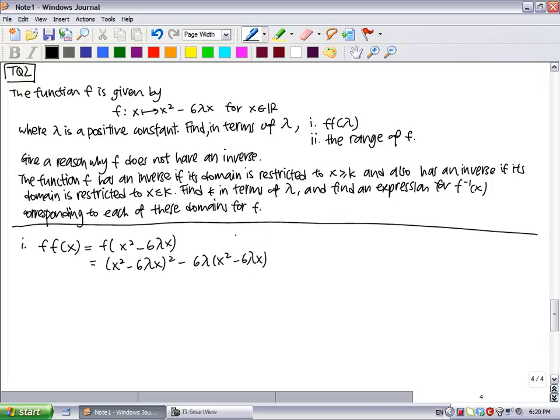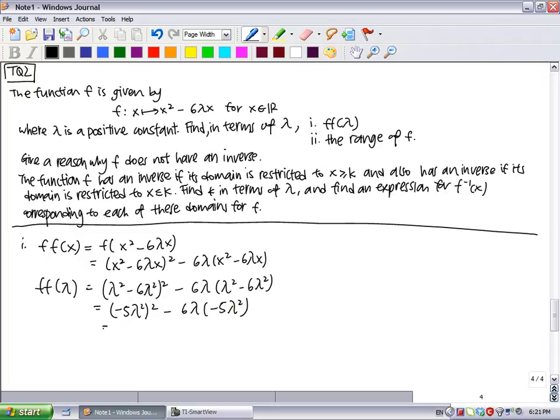But once I substitute lambda in, I get this, which is a lot simpler, definitely. Okay, you should all be able to get this far.